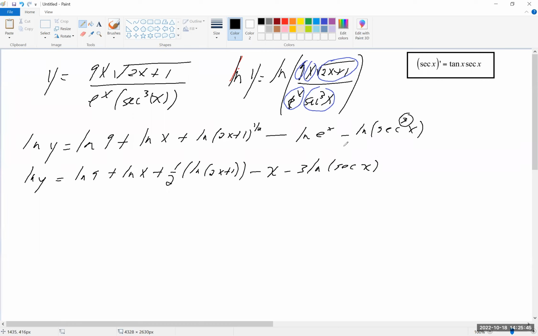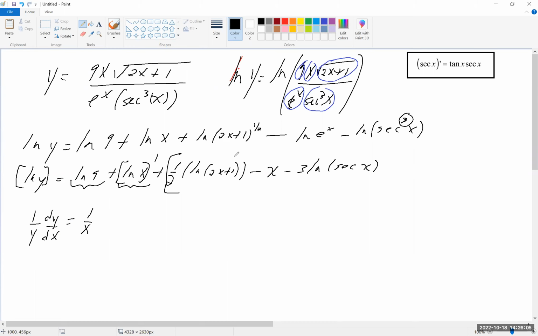All right, so now we can work with this. Taking the derivative of this, it's 1 over y dy dx. The derivative of this is 0. I don't have to write it down. The derivative of this piece is 1 over x.